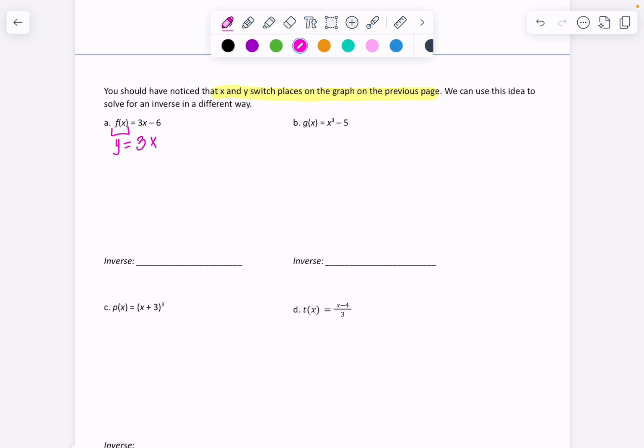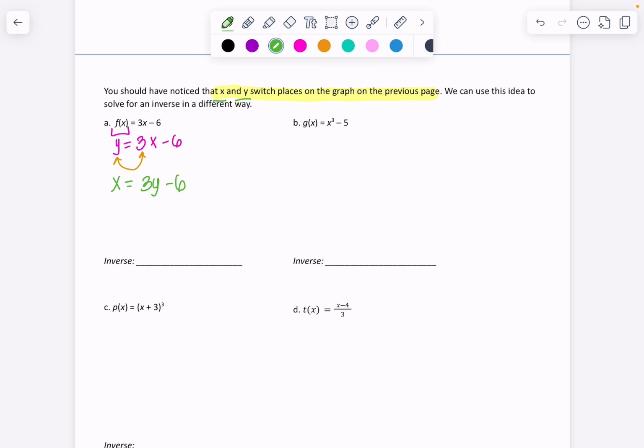So I'm gonna rewrite that f of x as a y. And since our x and y coordinates always switch places, what we're gonna do to try to find our inverse is to swap where our x and our y are in our equation. So if we switch the position of the x and y's, we end up with something like this.